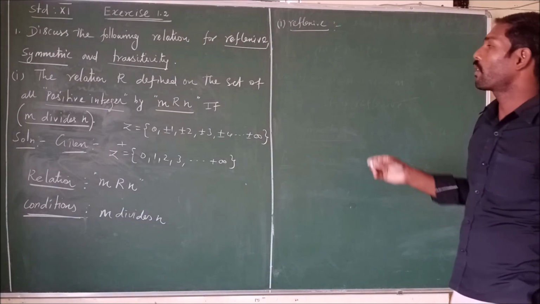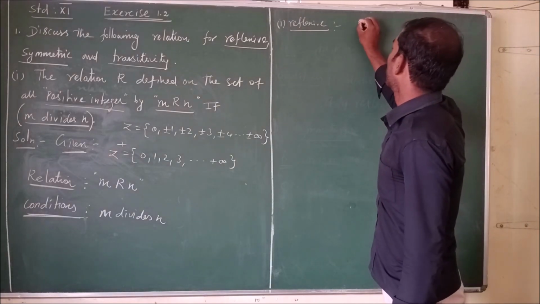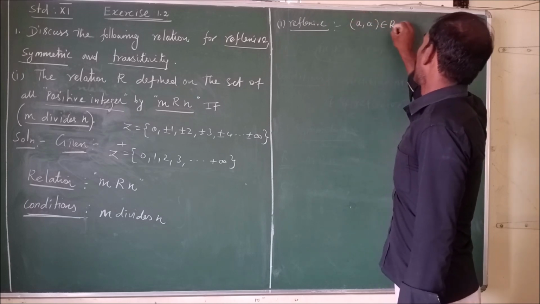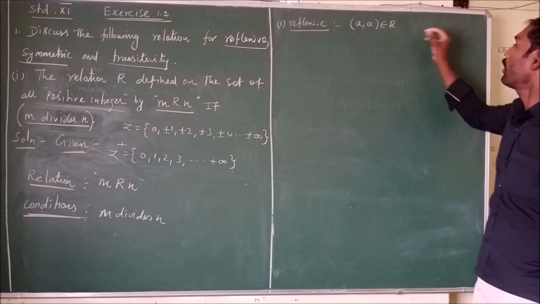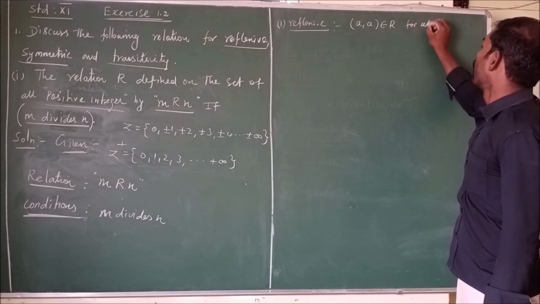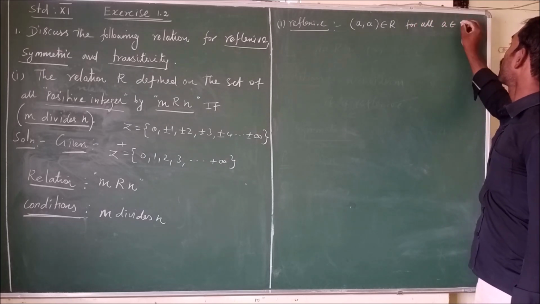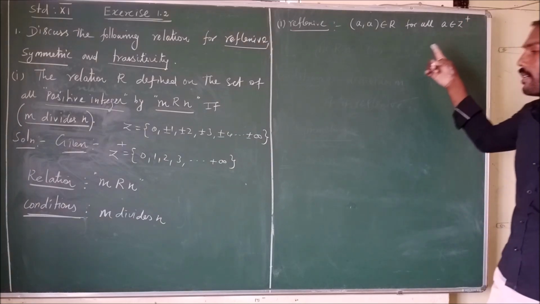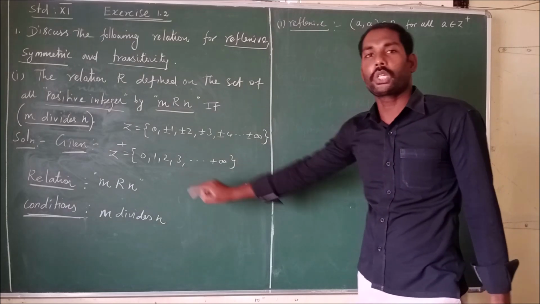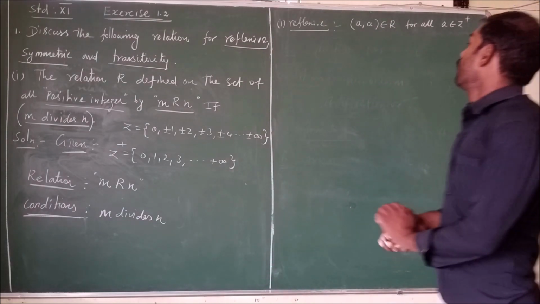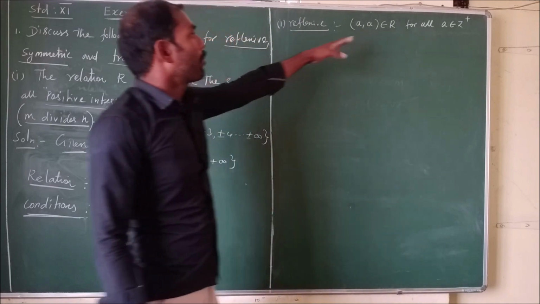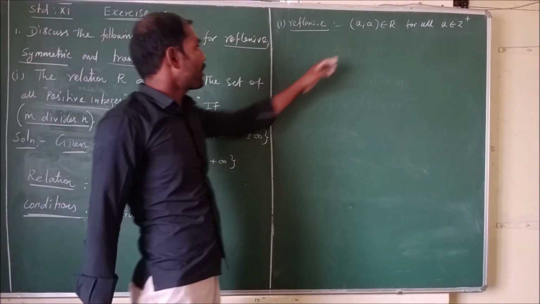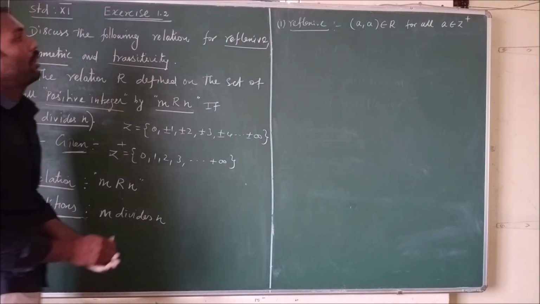The basic definition of reflexive: for any number a, (a, a) belongs to R, where a belongs to Z plus. Z plus is the given set of positive integers. Take any one number a; does this a satisfy the condition or not? We have to check it.